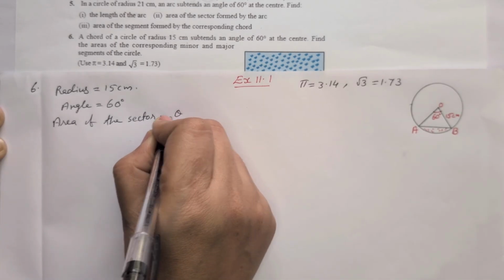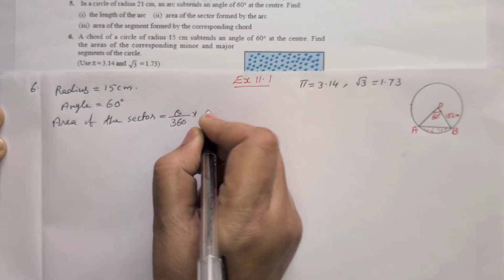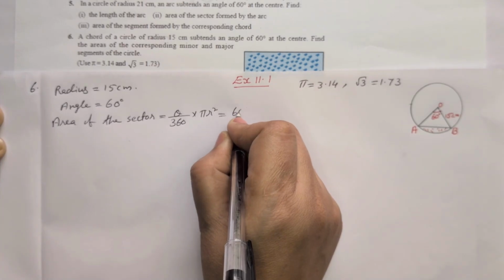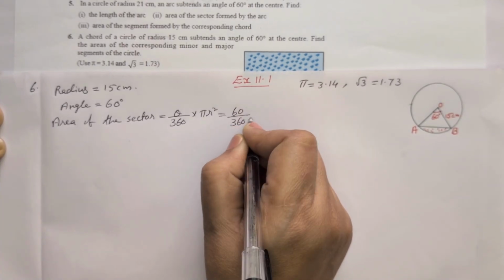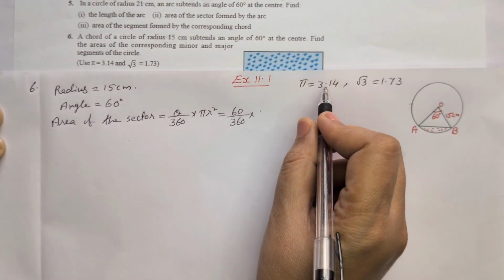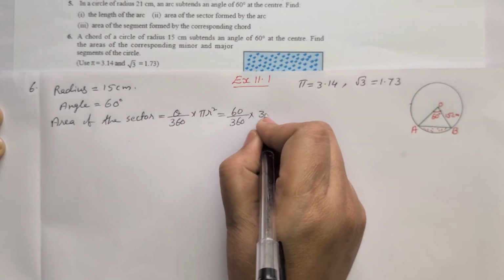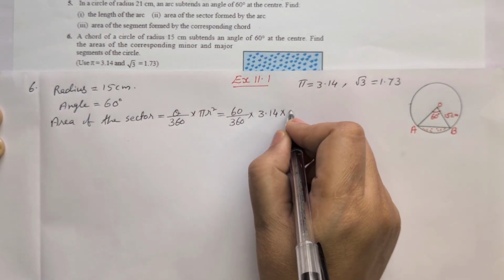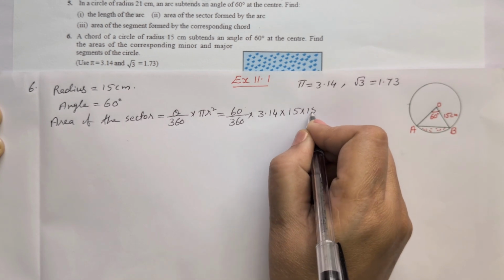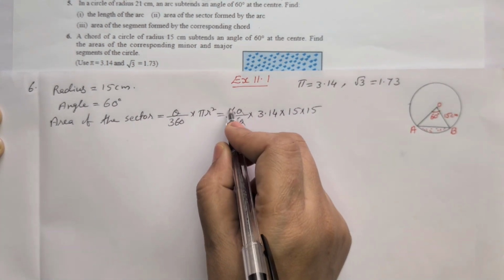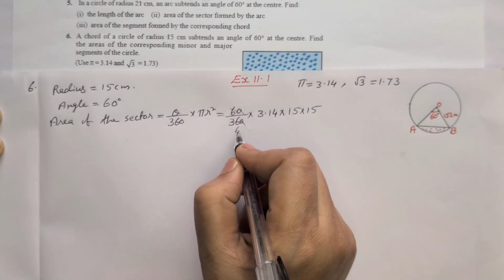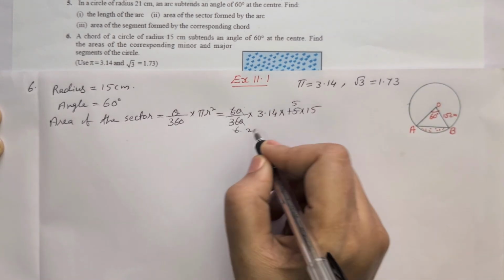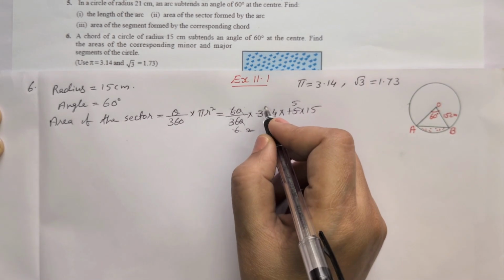Area of the sector is equal to theta by 360 into pi r square. Theta is 60 degree by 360 into pi, we have to take as 3.14, into radius is 15. Here we can simplify by 3, 2 times 5, dividing by 2.